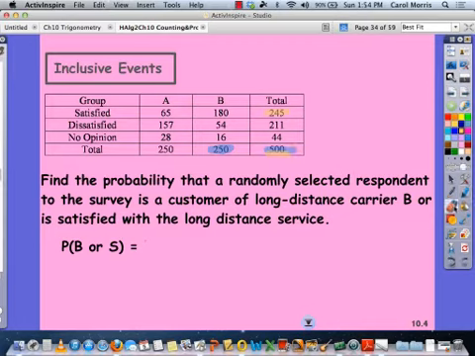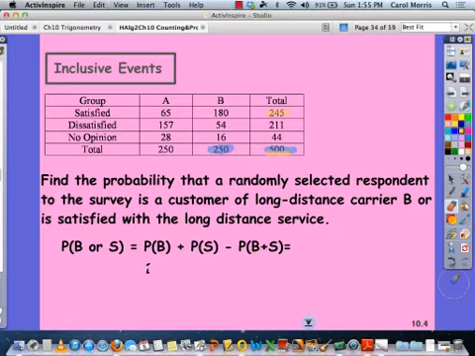The setup: probability of B or S, but then we have to take care of those values that are really part of both. So the probability of B, being a B carrier, is 250 over 500. The probability of S, being satisfied with your long distance service, was 245 over 500.